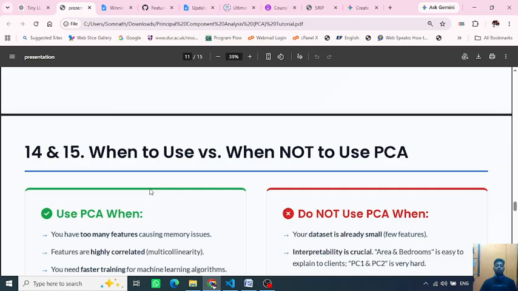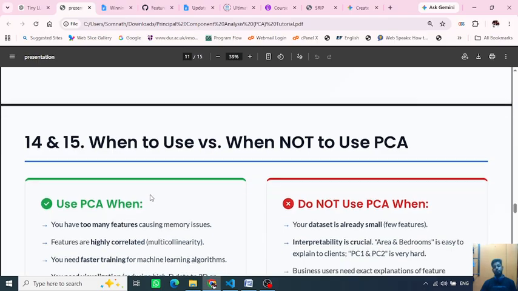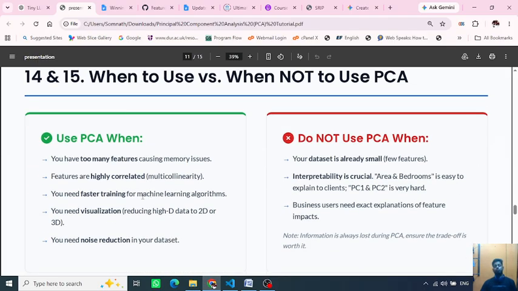Now, when to use and when not to use this? What's important: we learn PCA, but that does not mean we apply it everywhere. We should apply it only when we actually need it. So when to use? When you have too many features that cause memory problems, which are highly correlated.